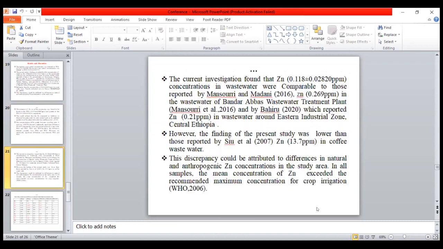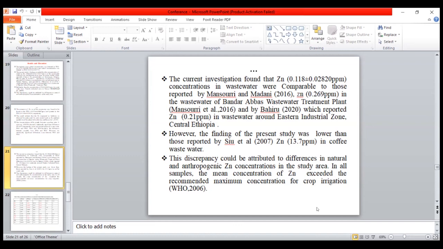The current investigation found that zinc concentration was 0.1 ppm, which is comparable with the study conducted by Mansouri in 2026, and also the report conducted by Baharu in 2020, which reported 0.21 ppm.